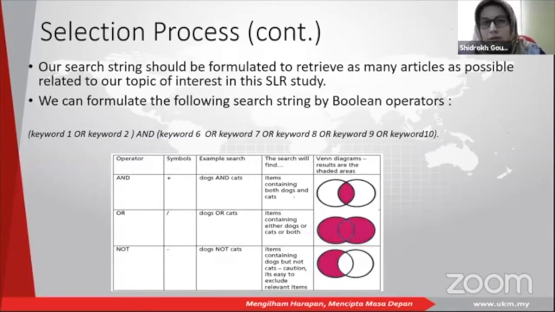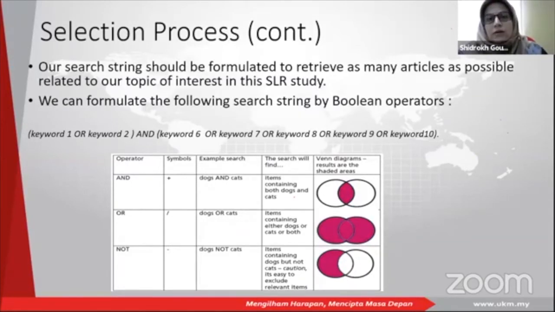You define your keywords and you can put your operators among your keywords. For example, you can search by keyword 1 or keyword 2, and keyword 6 or keyword 7, and so on. It's up to you; you can design your search string.